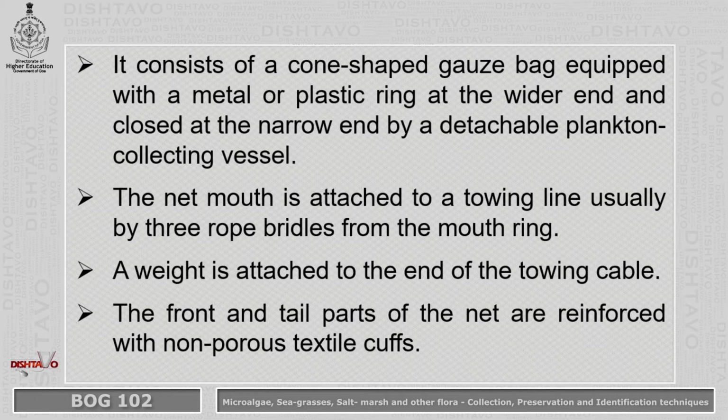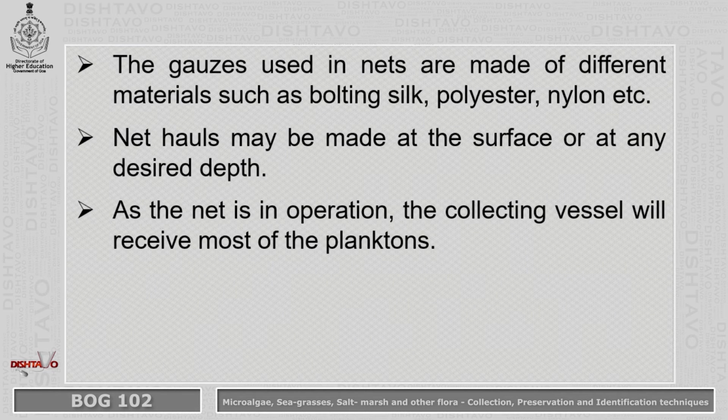So the net consists of a cone-shaped gauze bag equipped with a metal or plastic ring at the wider mouth and a narrow base, and the samples can be used for collection of the phytoplanktons.